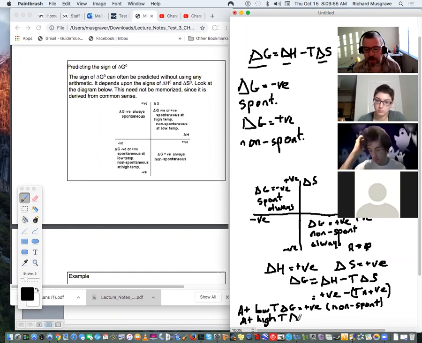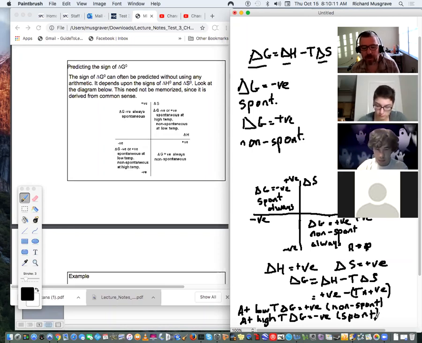So delta G would be negative at high temperature. And that means it would be spontaneous. So you can see that when delta H is positive and delta S is positive, then the sign of delta G is going to depend on the temperature. It could either be positive or negative at low temperature or high temperature respectively. And that tells us that it's going to be non-spontaneous or spontaneous depending on the temperature.